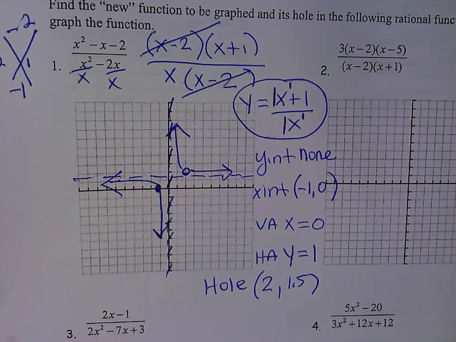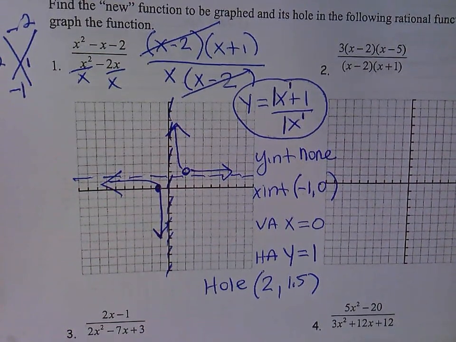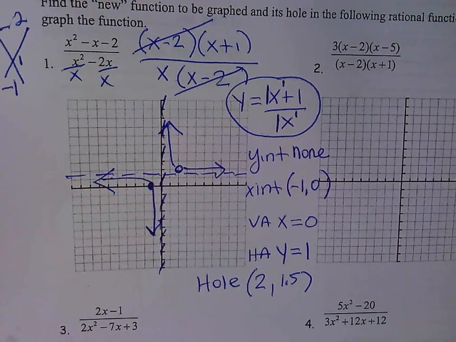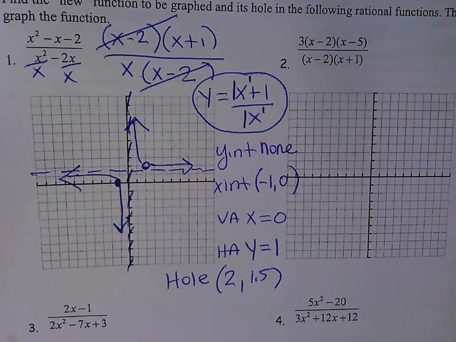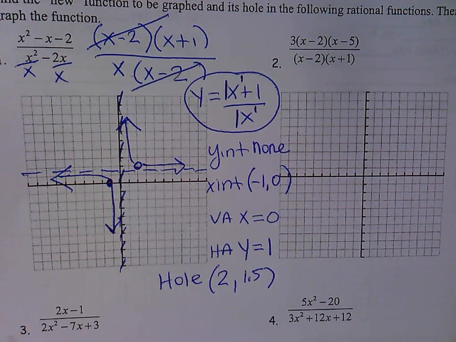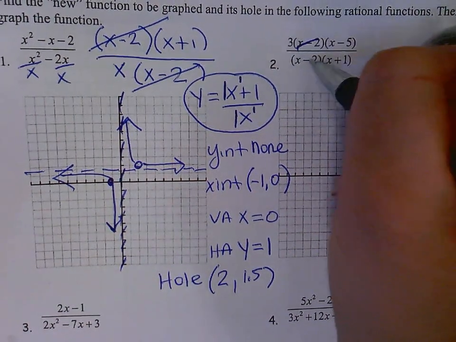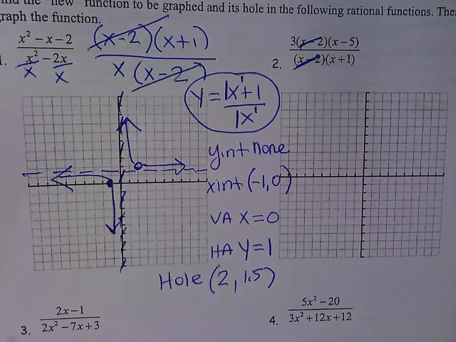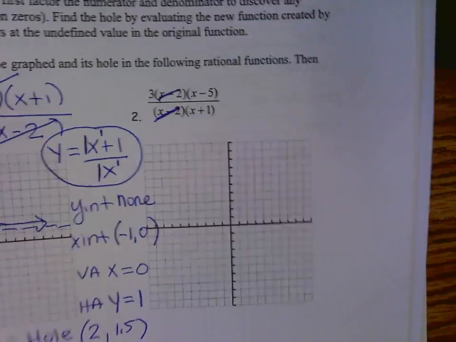Let's do one more example, and then we'll add it to our note card. So this second one is a little bit easier because I already have it in factored form. What's going to cancel on this one? See how the x minus 2's cancel? All right, so when you cancel, you want to rewrite what you have left.